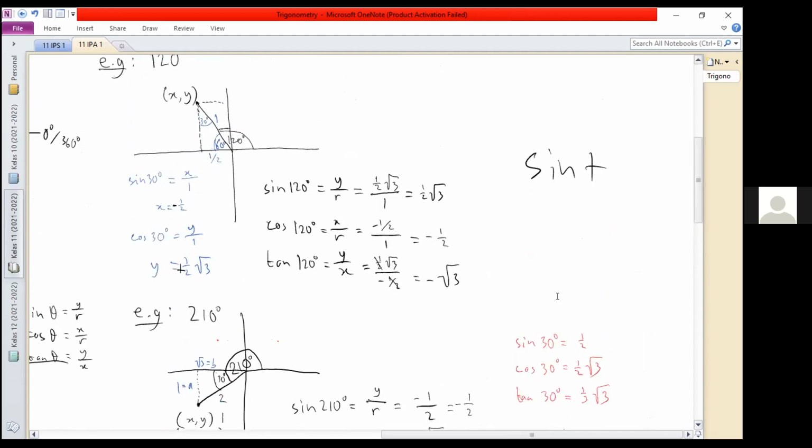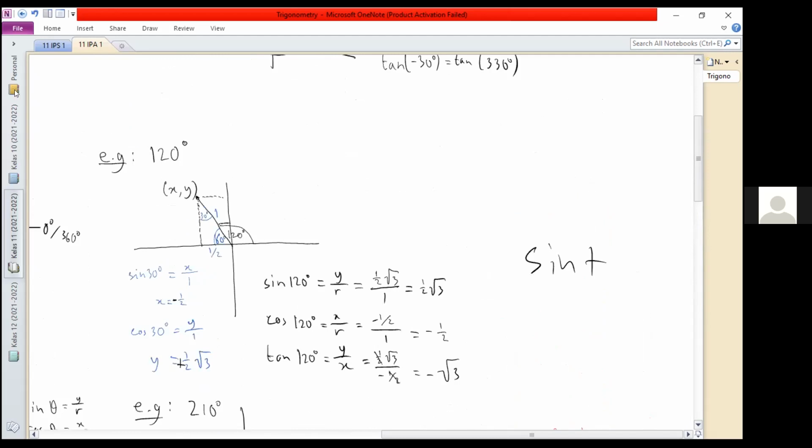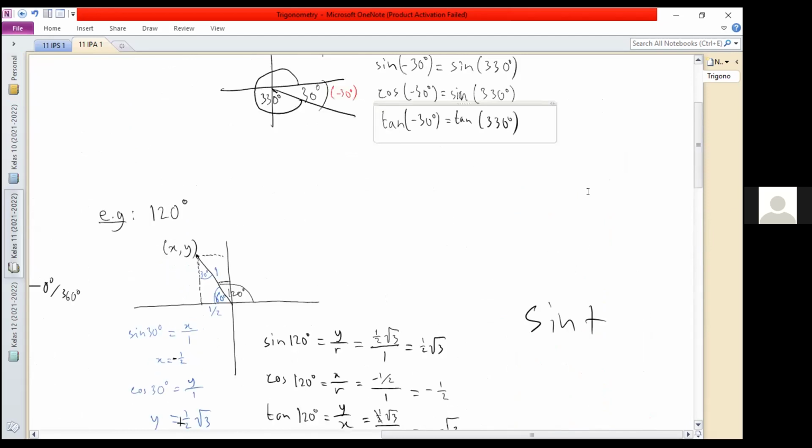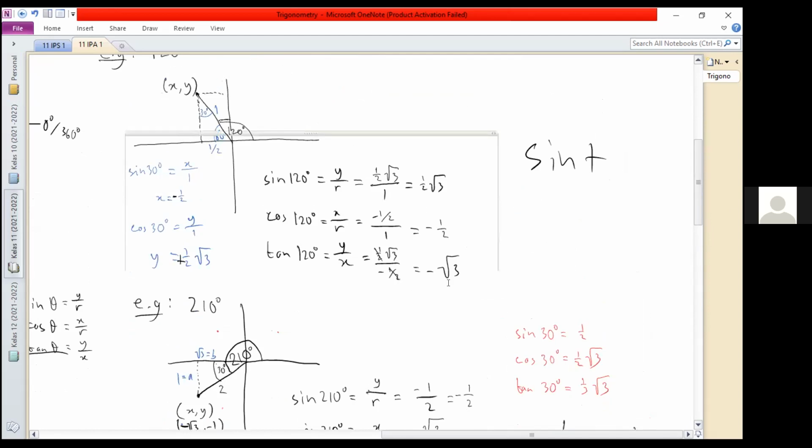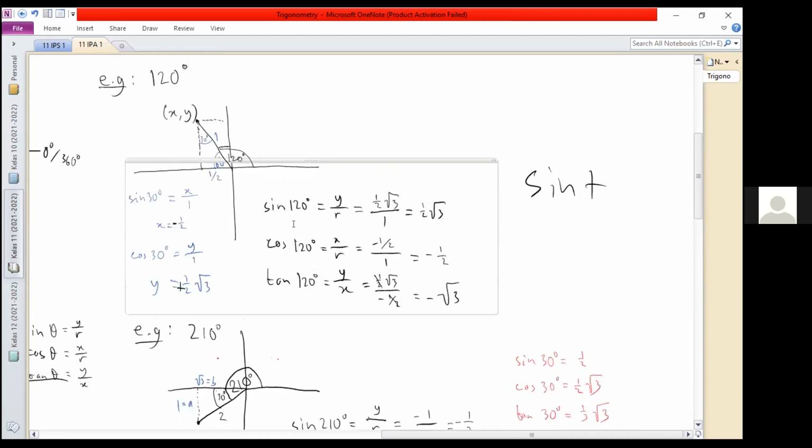For this example, now the values are different for the angles 120 degrees and 30 degrees.